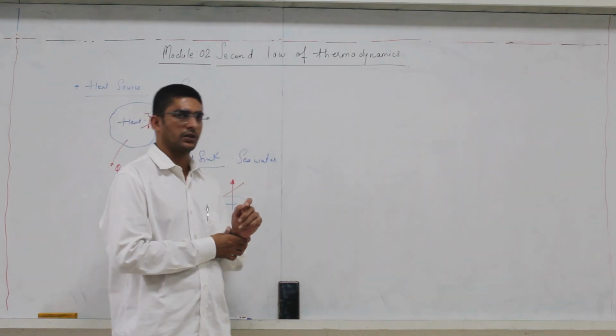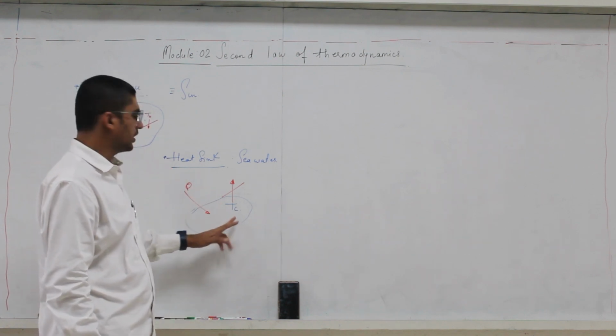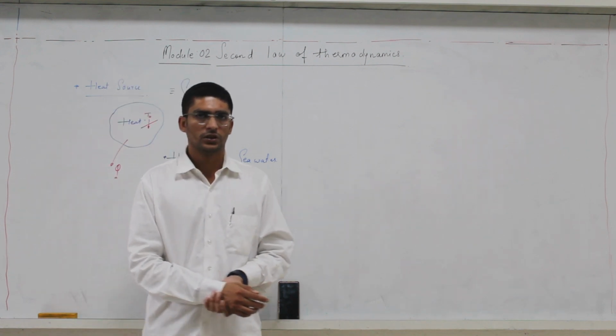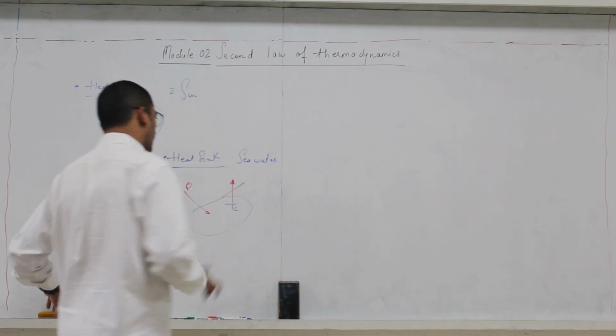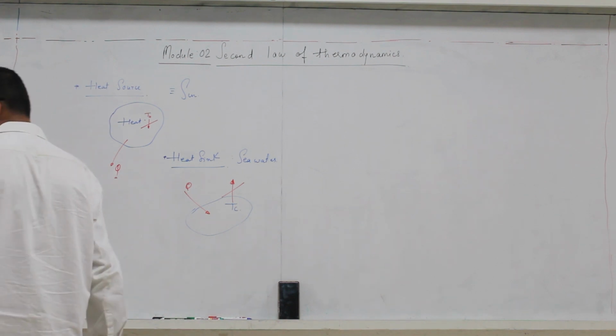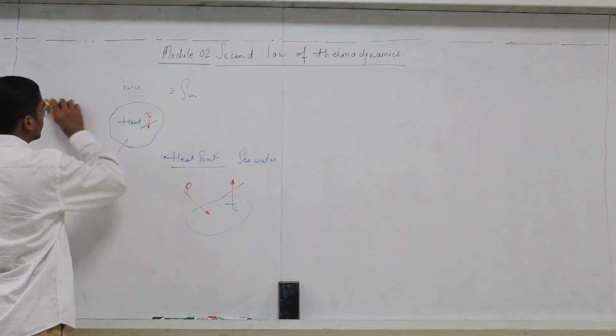That is the meaning of a heat sink: whatever the amount of heat transferred into the body, the temperature of that heat sink will not increase. These are the two ideal concepts that we first need to study before going into the second law. So that is about the heat source and that is about the heat sink.